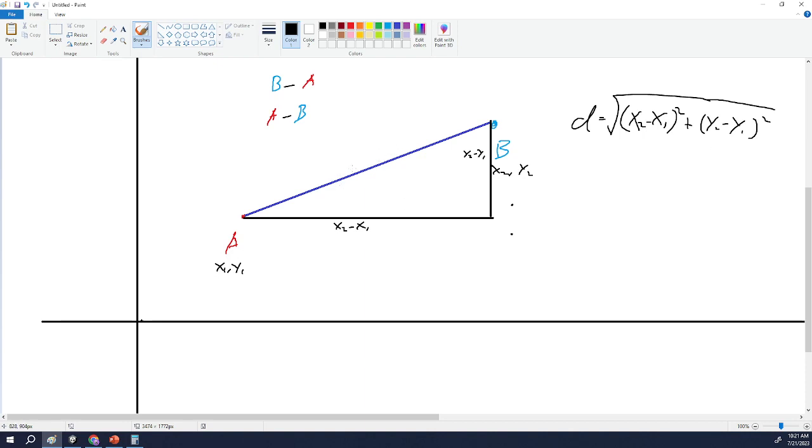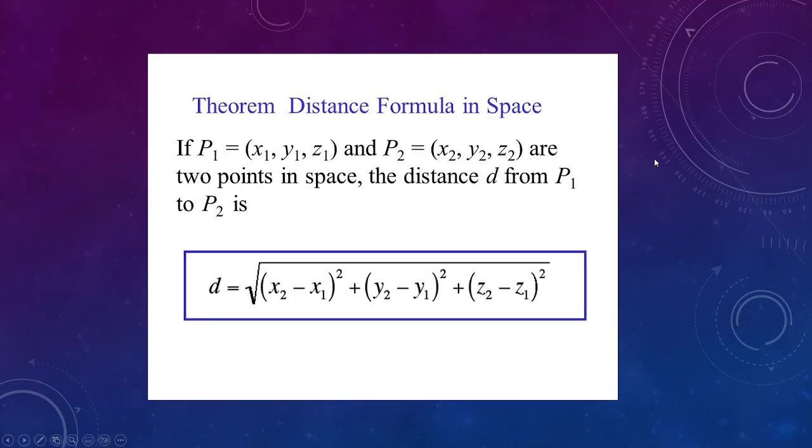This would be our magnitude or our distance. All right. So yan yung distance formula. Just, you don't have to cry about this. Medyo parang take your time lang yan.